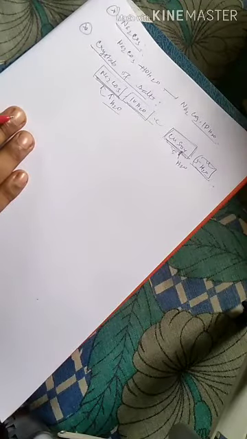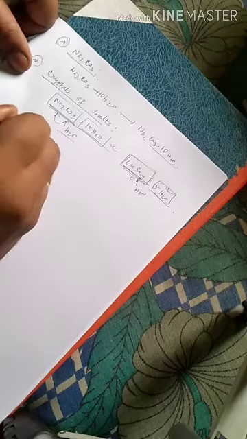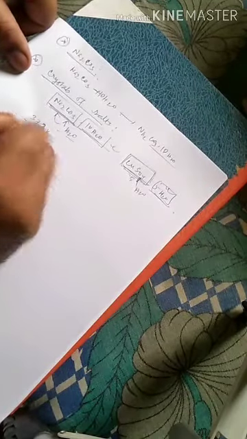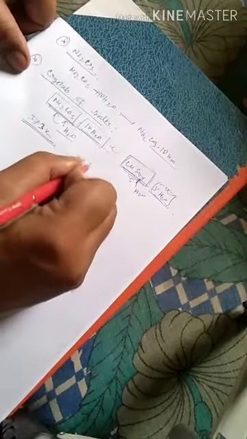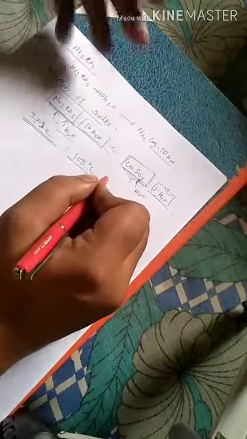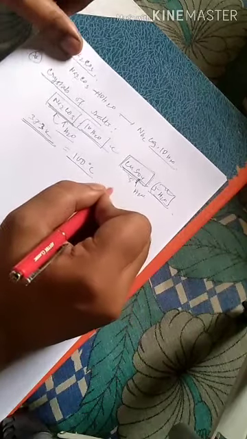Next, the plaster of Paris. Plaster of Paris is made up of gypsum, we know. When gypsum takes 373 Kelvin heat, it means 100 degrees centigrade, at that very time it evaporates its water.